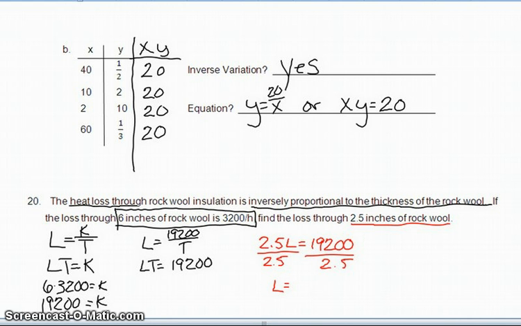My loss, when it is 2.5 inches, should be more than the 3,200, and that is 7,680. And I do believe it's BTUs. Remind me to ask Mr. Kitzman, per hour. Makes sense. Thinner insulation, we're going to lose more heat.